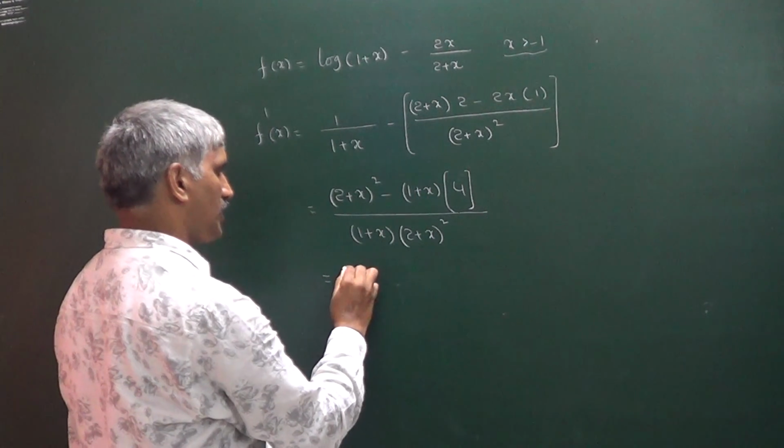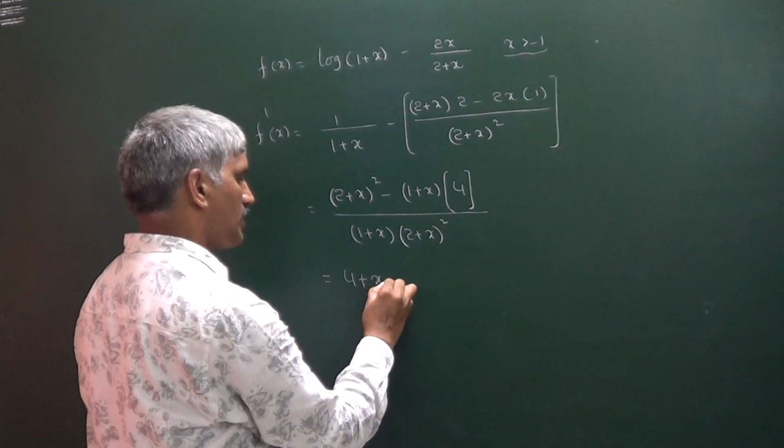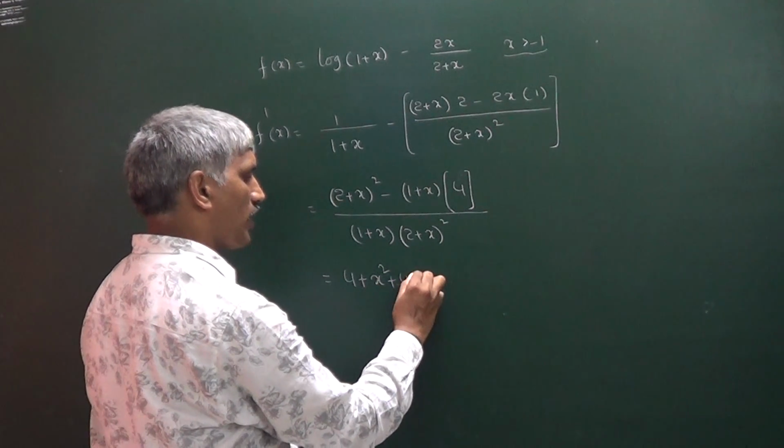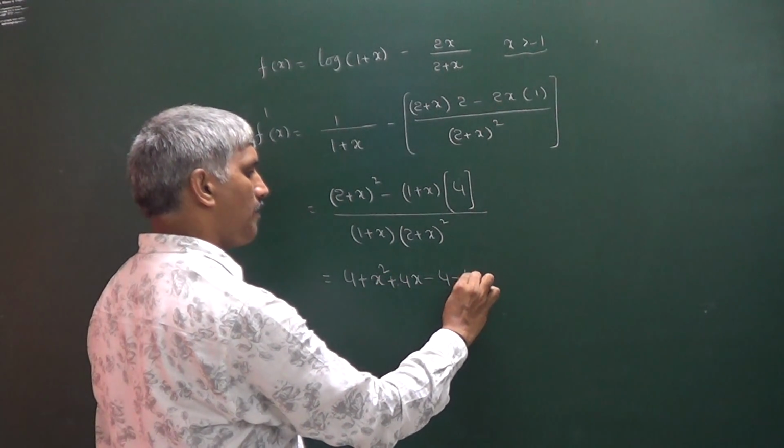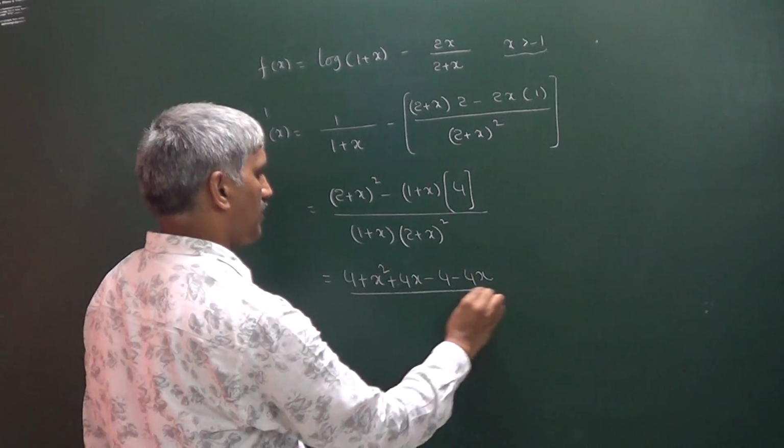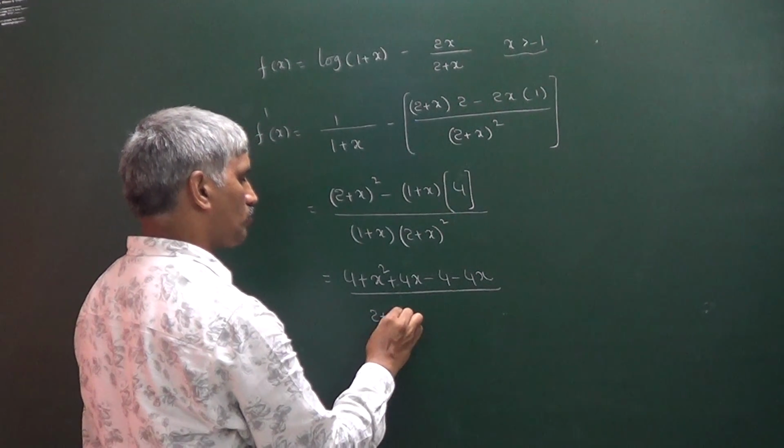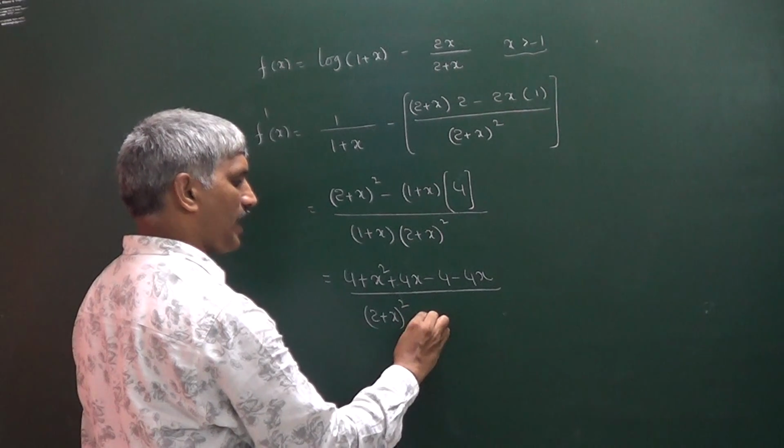Now further simplification: the 2x and 2x cancel, leaving 4 over (1 + x)(2 + x)^2. Further simplification gives (4 + x^2 + 4x - 4 - 4x) divided by (2 + x)^2 (1 + x).